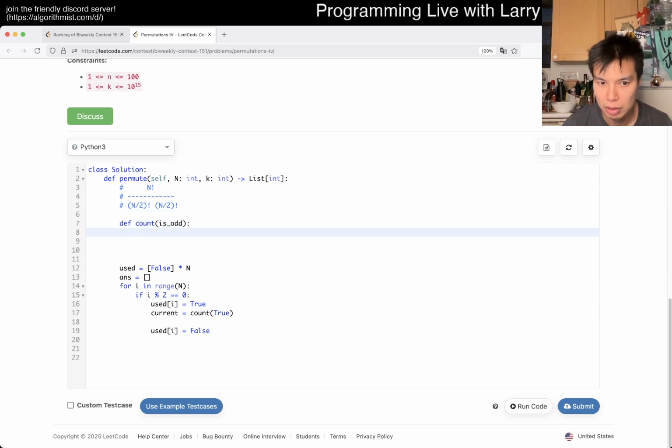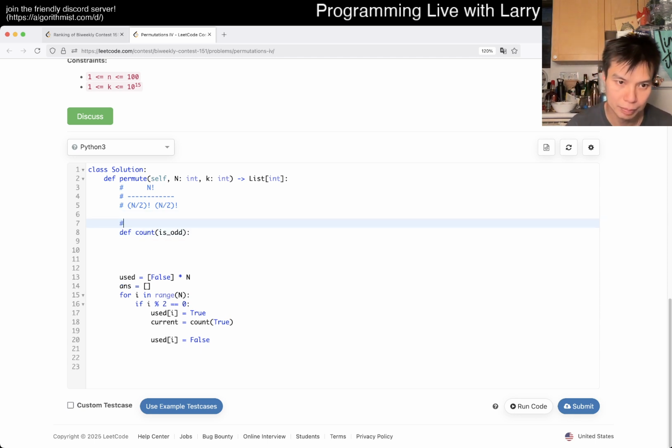So now it is odd. So the first number would be i. So the next number has to be odd, right? So then we just count the number of odds.